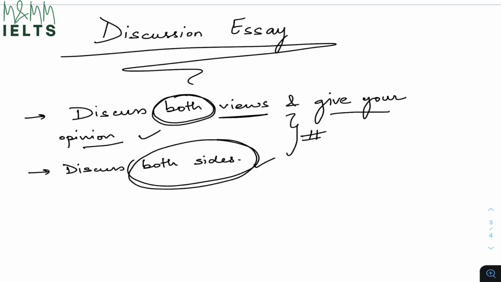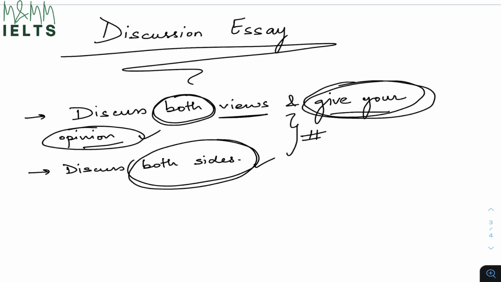A lot of the time what people do is they will read the question, they have two different scenarios, and the moment they read "give your opinion", if they like or prefer any one of them, they will just mention that particular scenario in the entire essay and completely forget or neglect the other part or the second view or opinion.